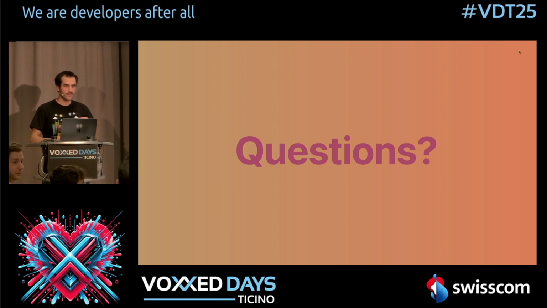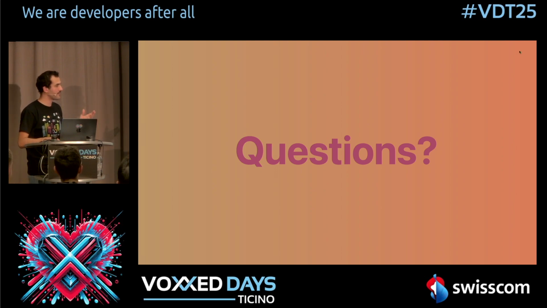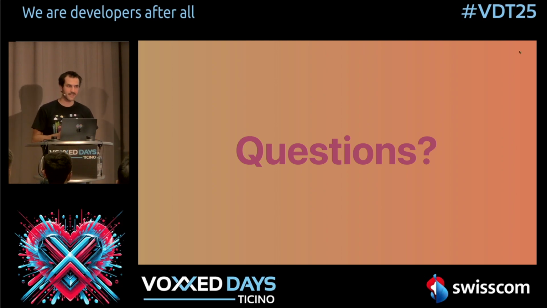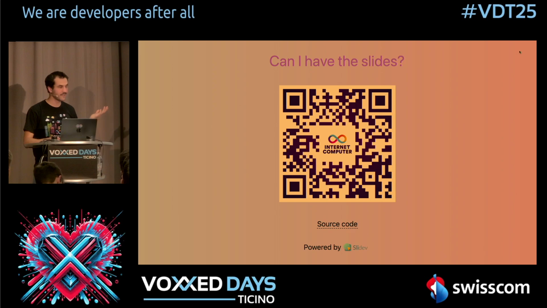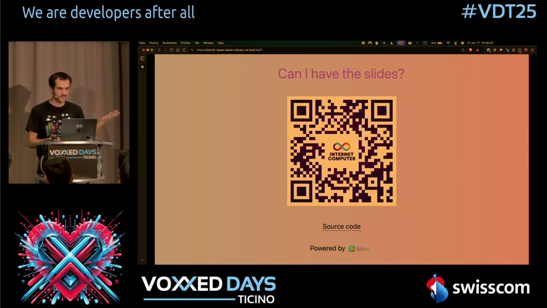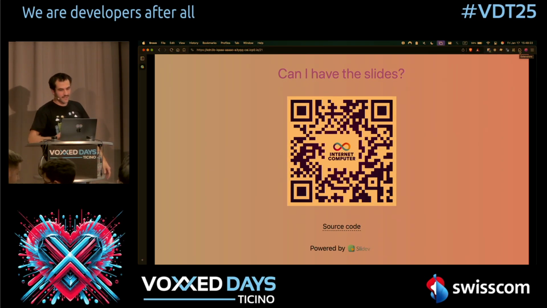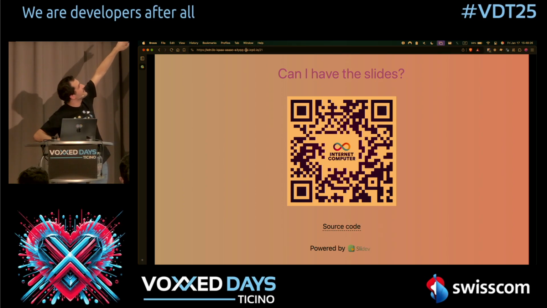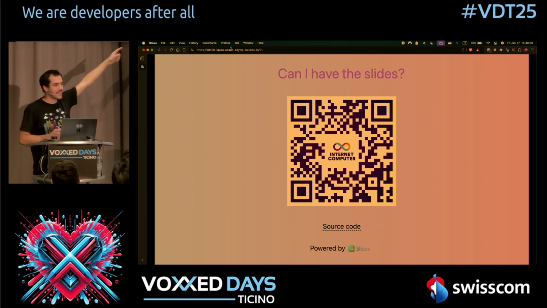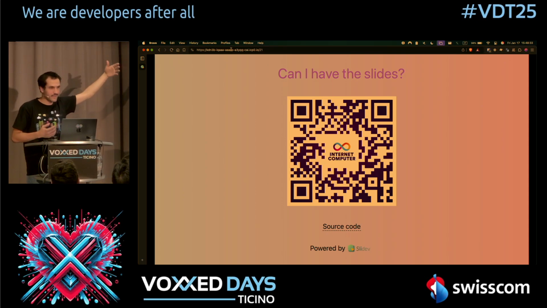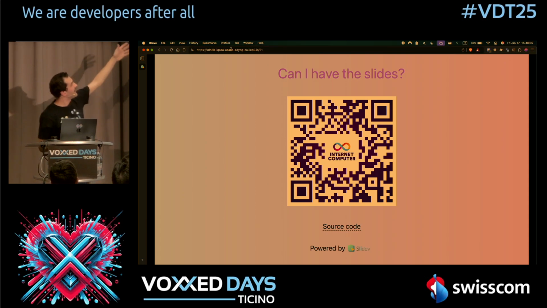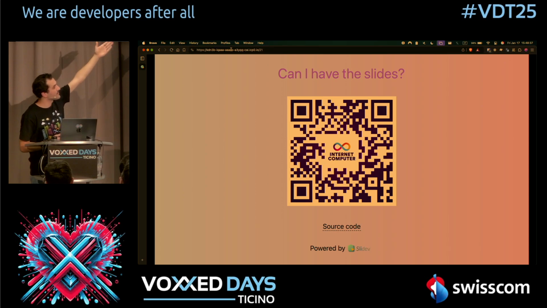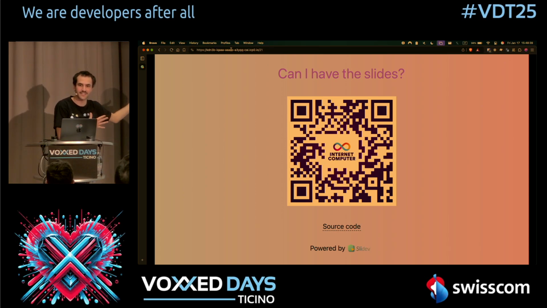And while other questions come up, I wanted to show you another use case. Actually, these slides are hosted on the internet computer. So you can scan the QR code and end up here. And as you can see there, there is the address of the canister that I deployed a few days ago. And as you can see, I'm accessing the canister directly from the browser.